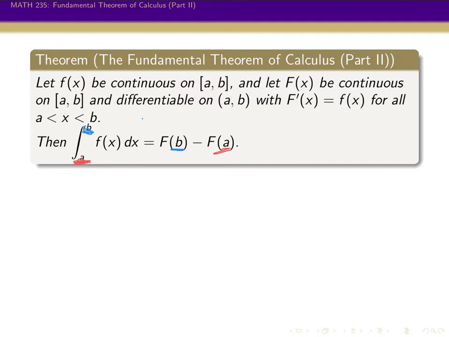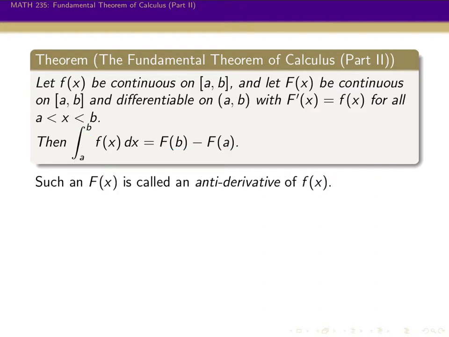And this works for any big F such that the derivative of big F equals little f. Okay, so this is what the fundamental theorem of calculus part 2 is saying. So any big F such that the derivative of big F is little f is called an antiderivative of little f. So big F here is called an antiderivative of f of x.